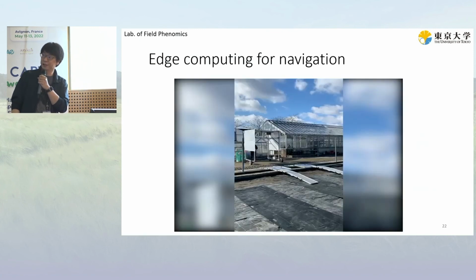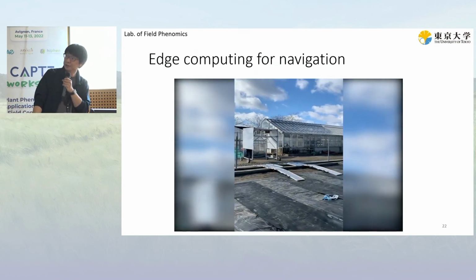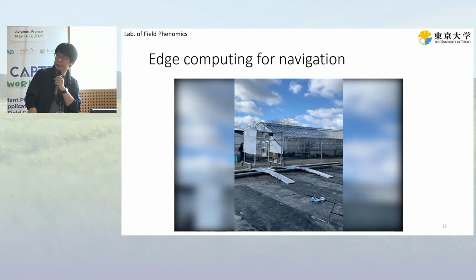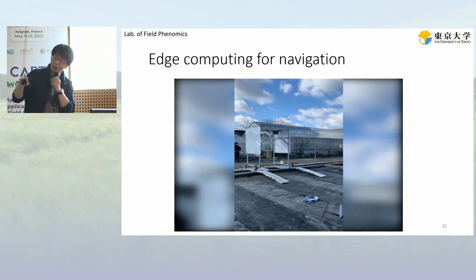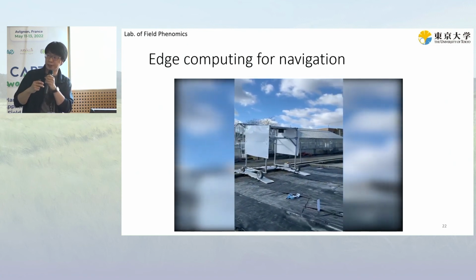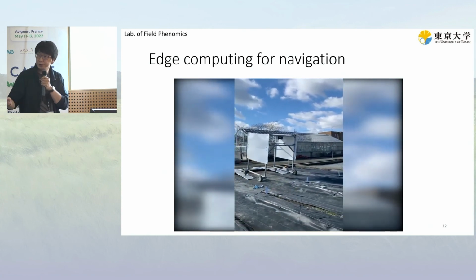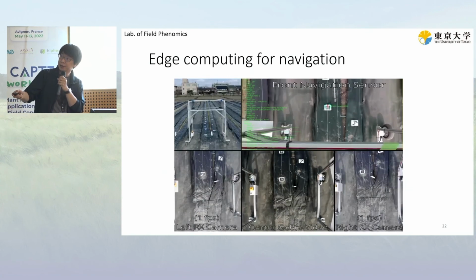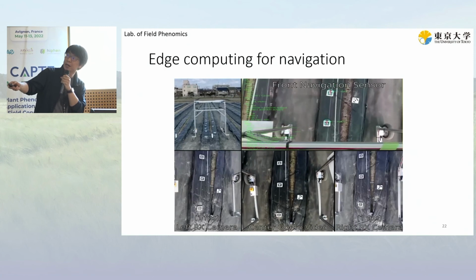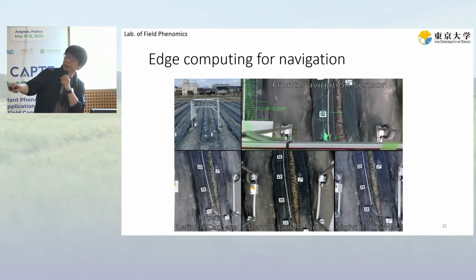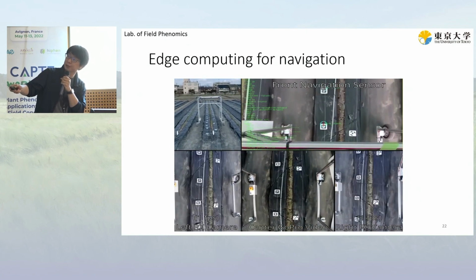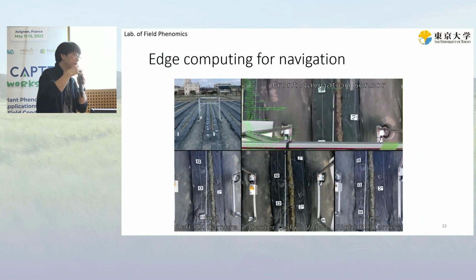So here it is. You see this one? We even had to build a bridge to make this robot go from this side to another side of the field. This is a little bit of a long video, but I will explain all the details during the video. You see it's running like this, and we put markers every 50 centimeters to navigate the robot.